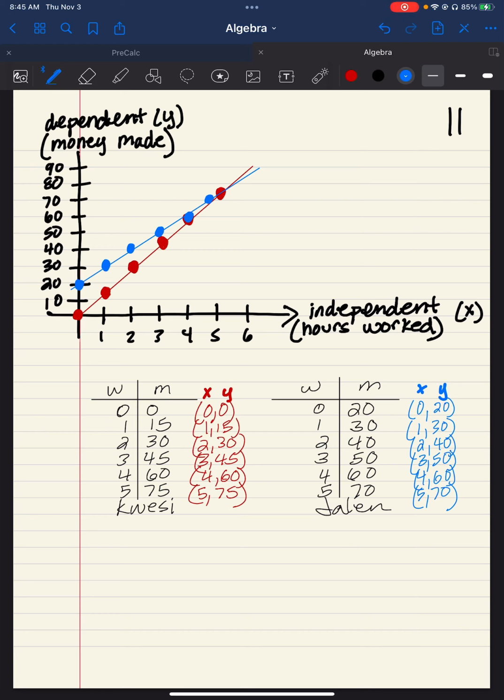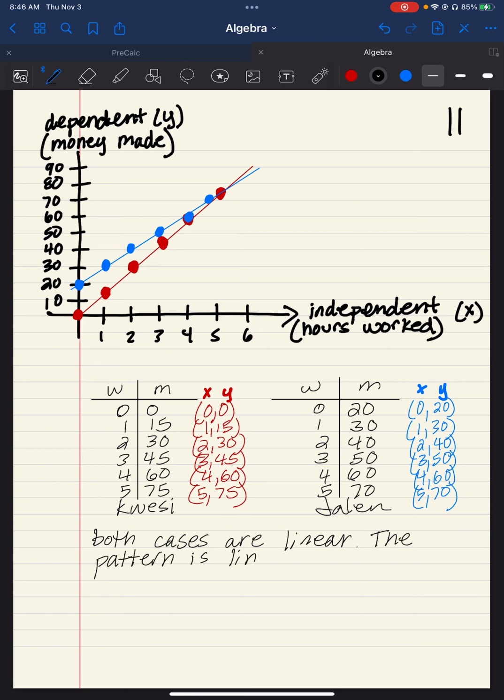And if you'll notice, both of these scenarios are what we call linear patterns. Both cases are linear. What does that mean?